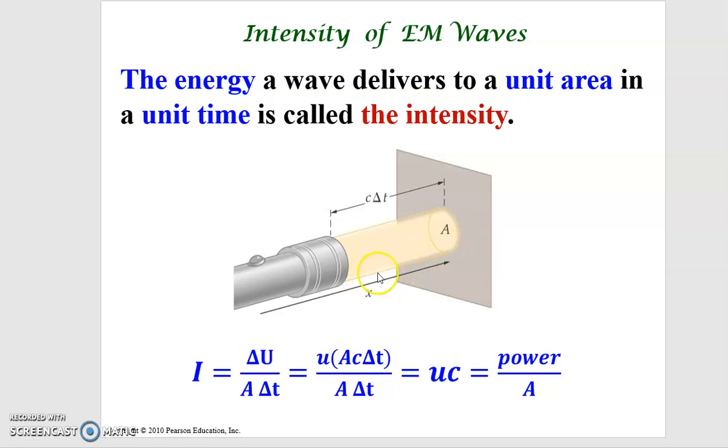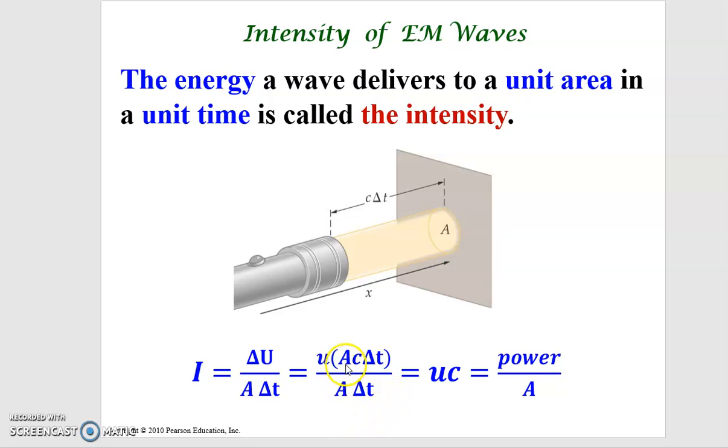And what is the distance here? The distance is the speed of light multiplied by the time. So this is the distance, and multiplied by the area, this is the volume. And now you know the total energy density. Therefore, U multiplied by V is the total energy delivered to the area.